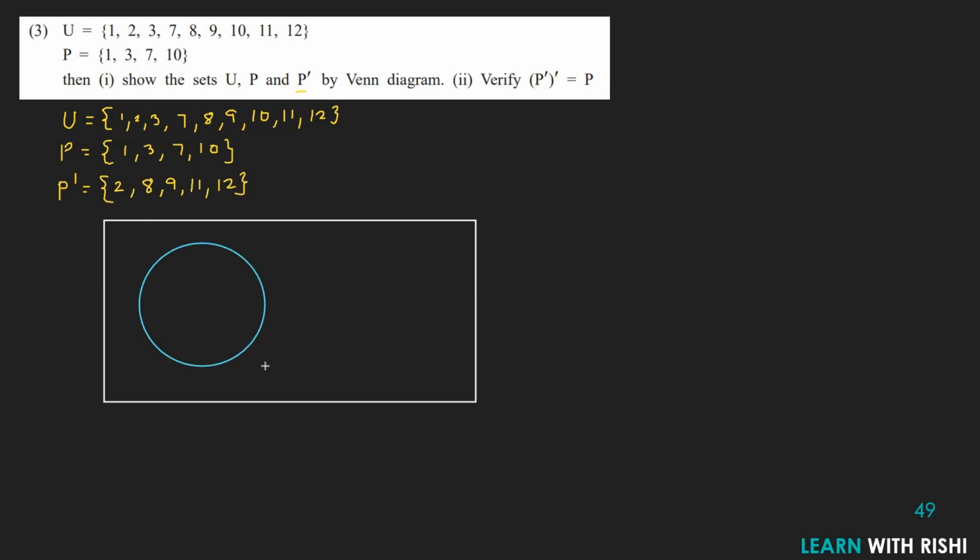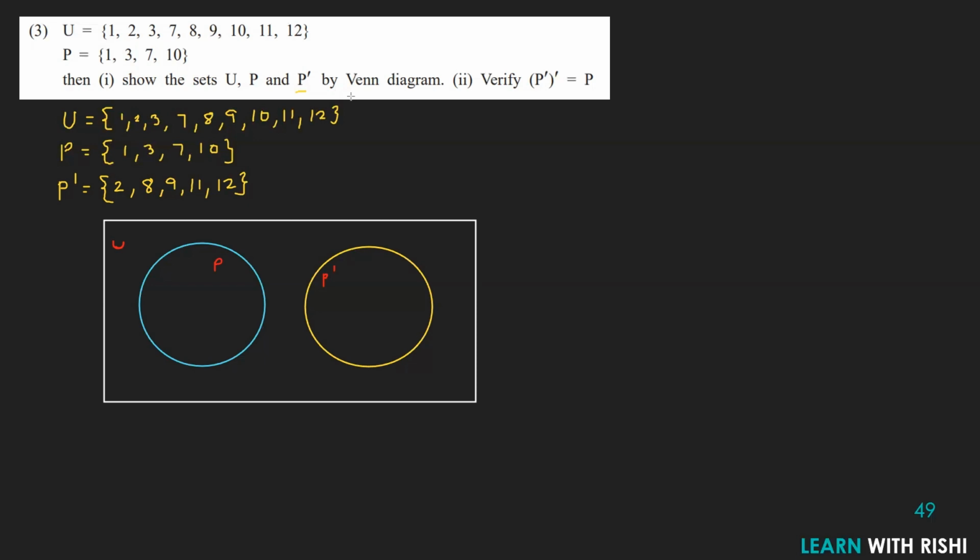So this is our set P and this is P complement. Now let us name the sets and then fill in the elements. This is our universal set, this is set P and this is set P complement.